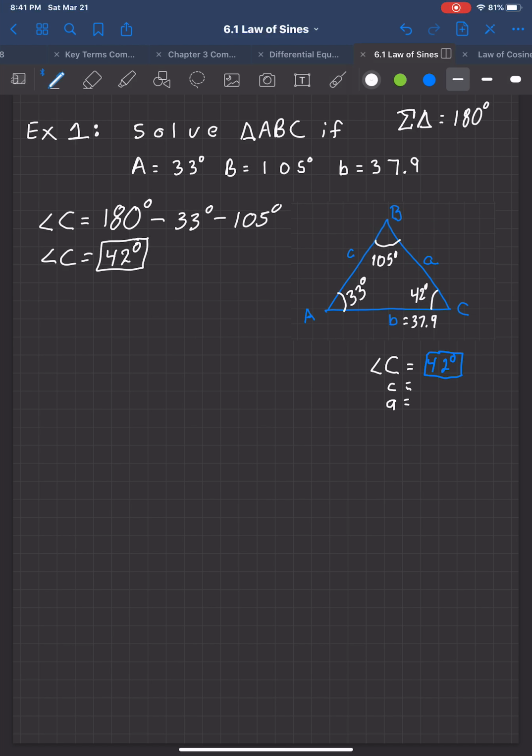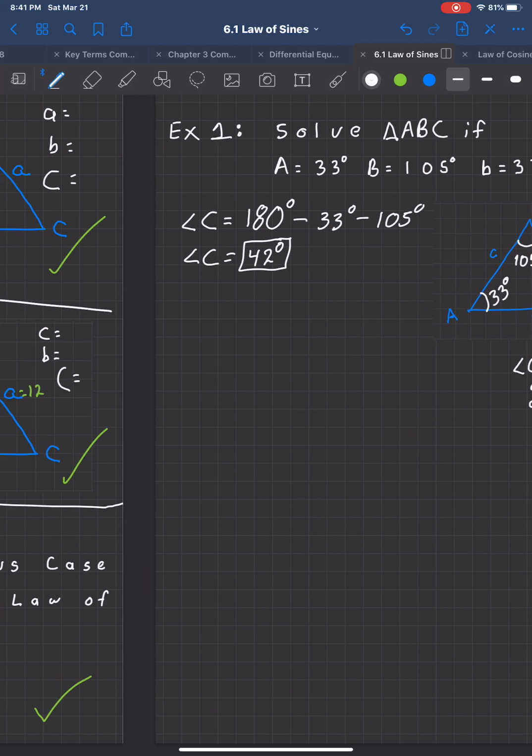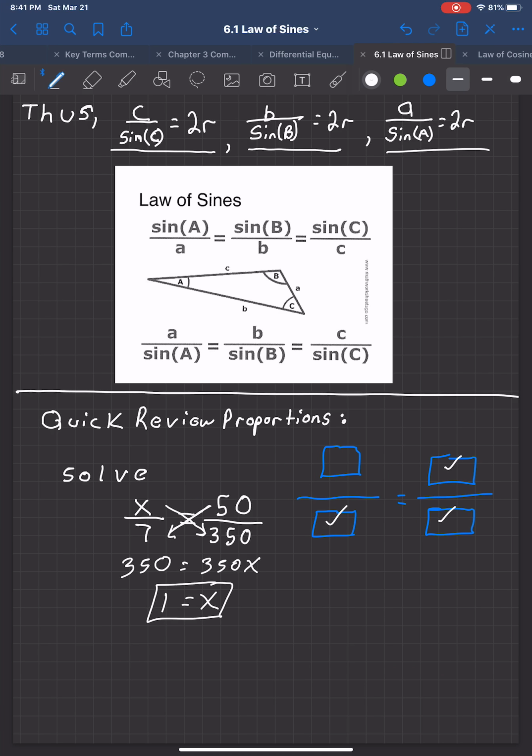So if you recall, I'm going to scroll back and grab that formula for the law of sines, just so you have it right there in front of you. Bear with me here.